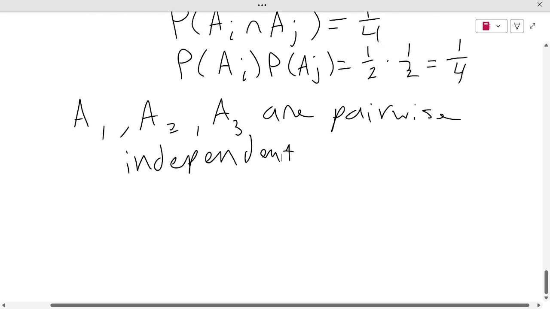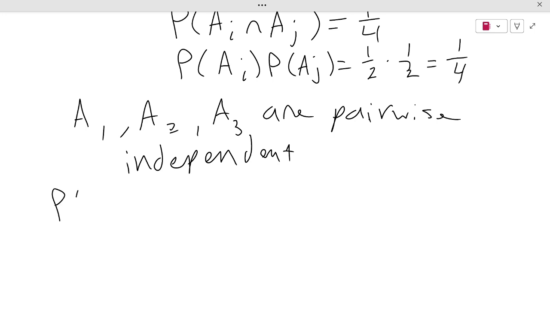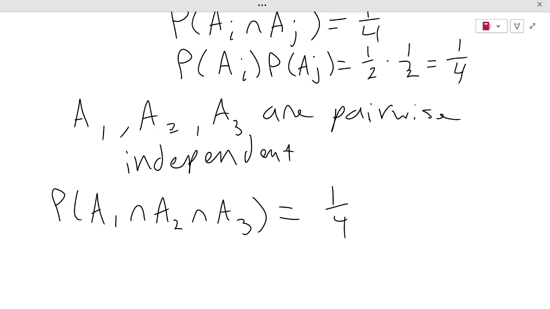However, this agrees with our definition of pairwise independence, but what about the other definition that we came up with? What is the probability of the intersection of all three events? Well, the intersection is that bottom left square, so it's just going to be 1/4, right? This is the region we're looking at, and it's a 1/4 area.